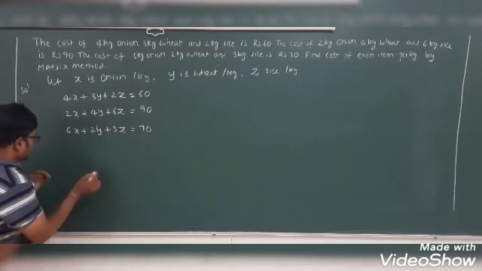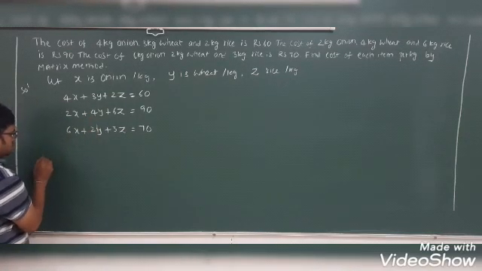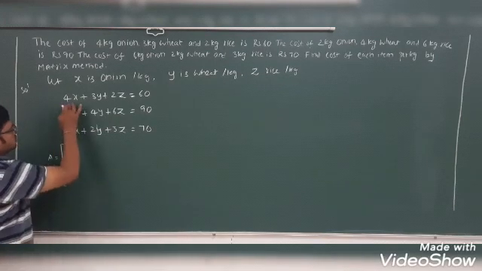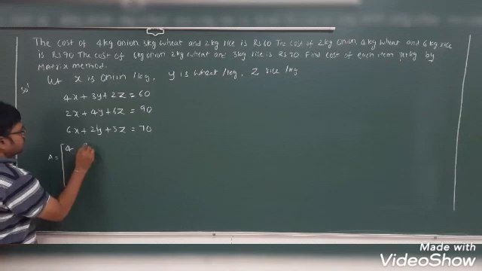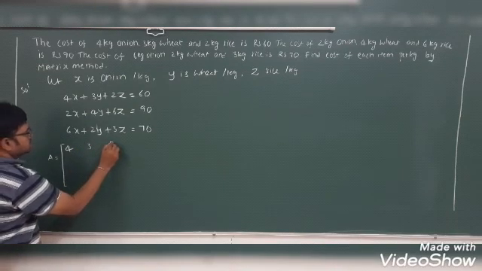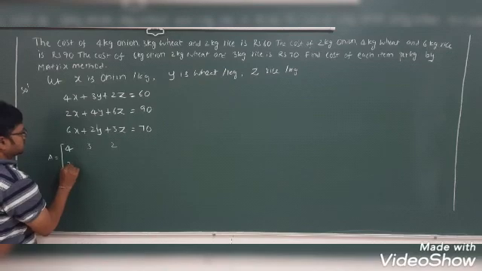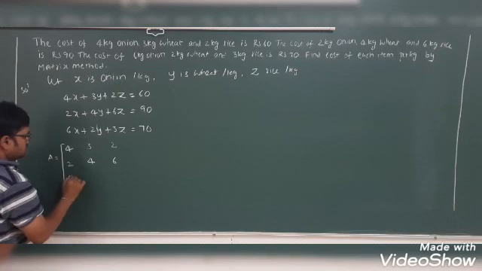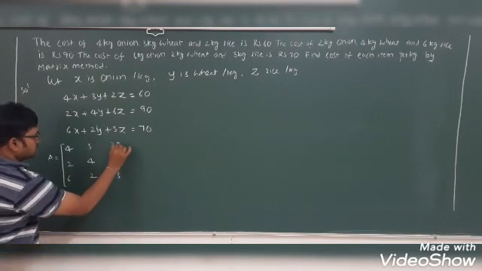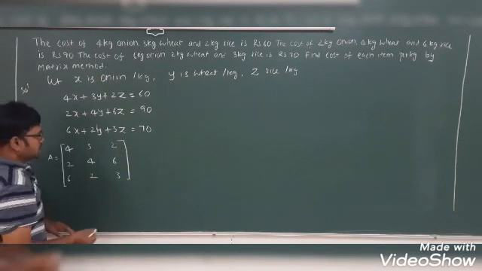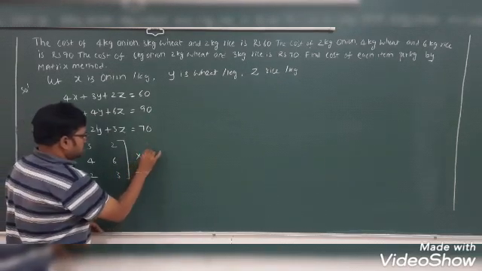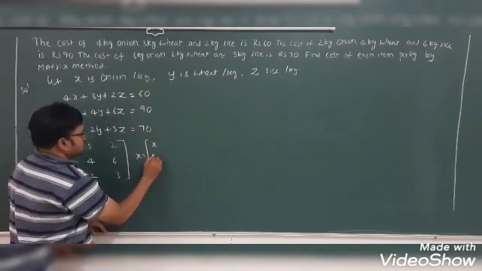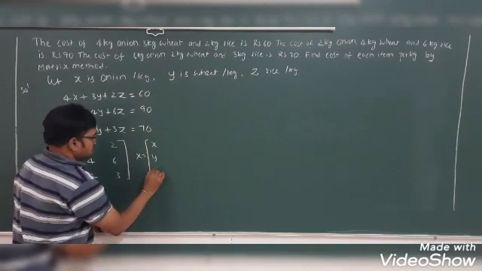So, first of all, we have to write the coefficient matrix A. This coefficient matrix is 4, 3, 2, next 2, 4, 6, then 6, 2, 3. Next, let X be the matrix where the first grocery is onion, second grocery is beet, third grocery is rice.